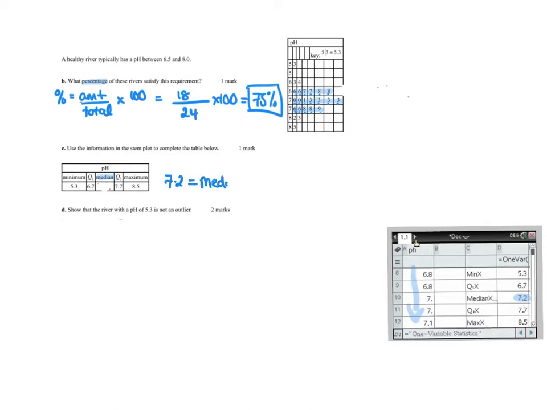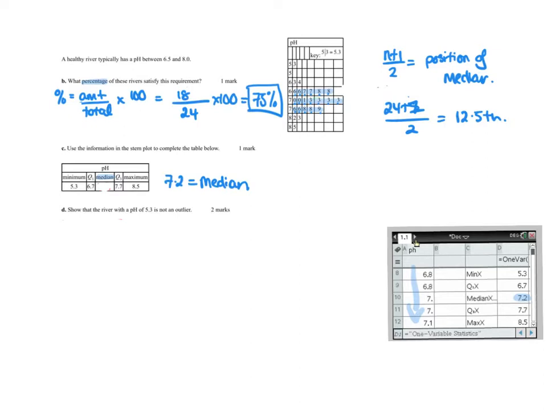Another way could be that you go to the position. n plus 1 divided by 2 will give me the position of the median. n was 24, so 24 plus 1 divided by 2. So it's at the 12.5 spot.